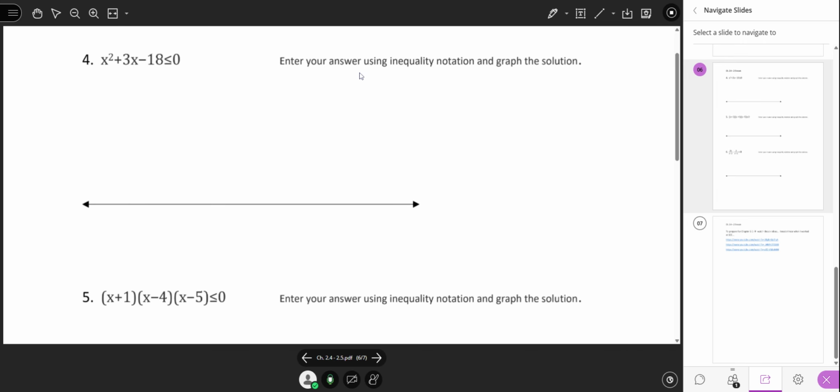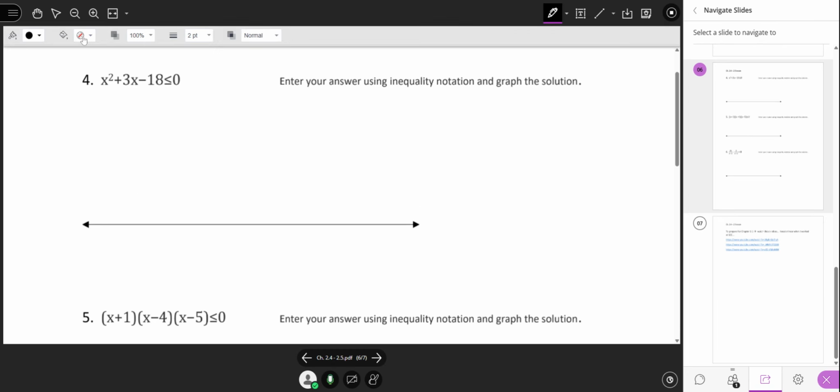Now, let me graph that real quick because I don't remember. Yeah, I do remember. If I remember correctly, it was -6 and +3.